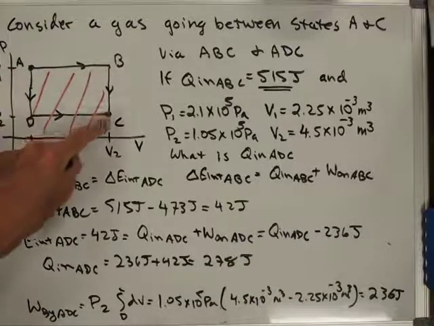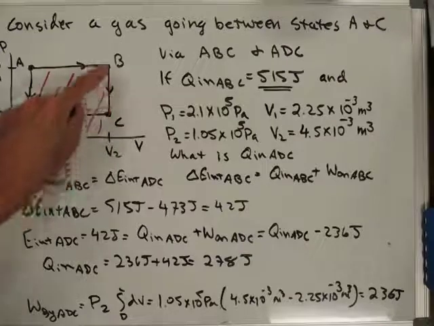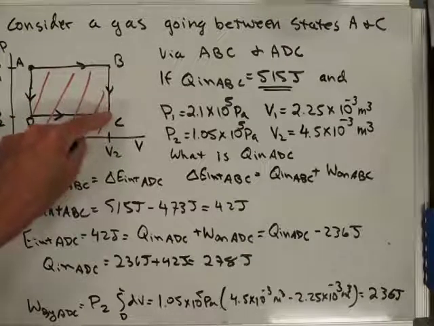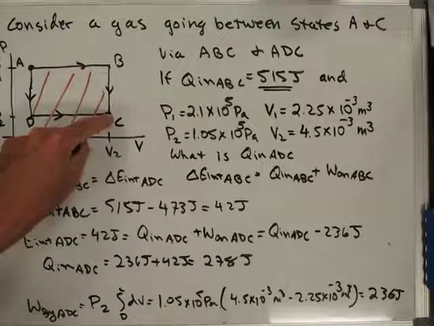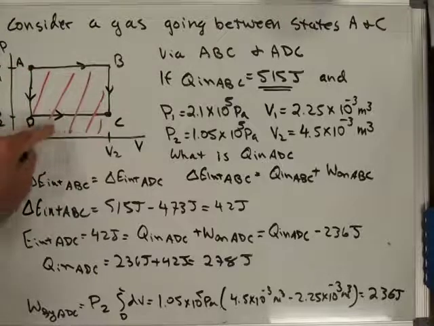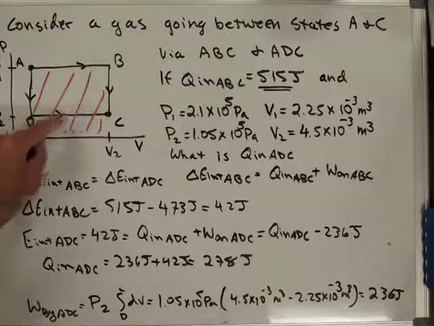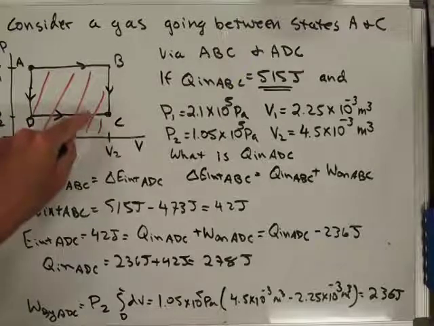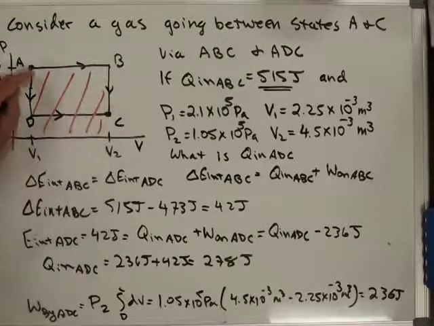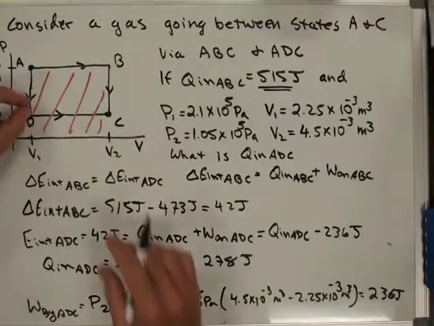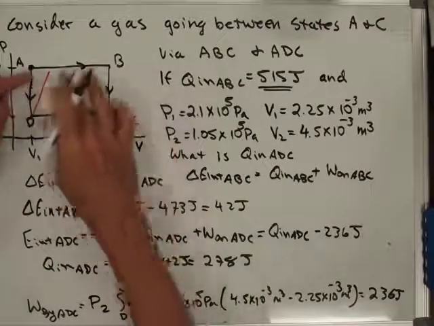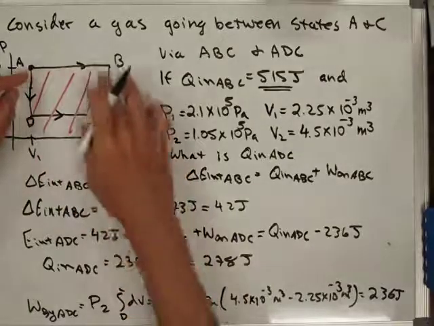And so if I go this route, I have 515 joules of heat added minus 473 joules of work done. Here I have 278 joules of heat added minus 236 joules of work done. In both cases, heat is added, but work is done by the gas on the way, so a lot of the heat that's added just got converted to work done.